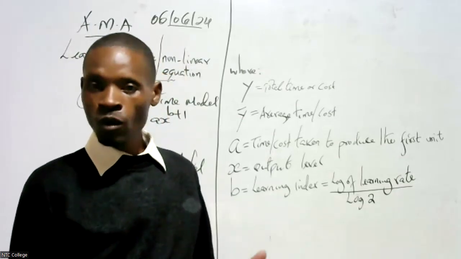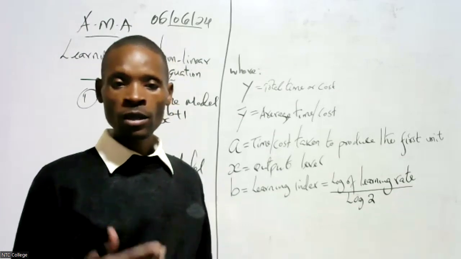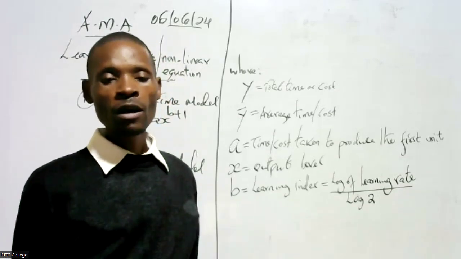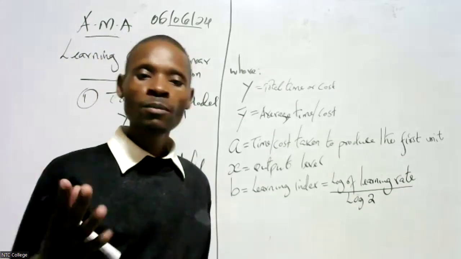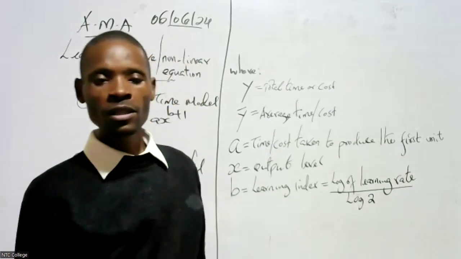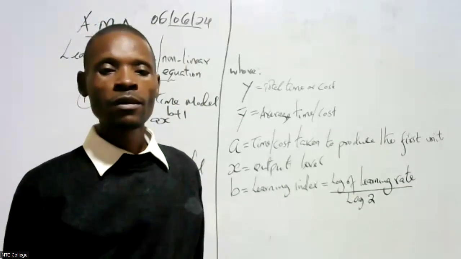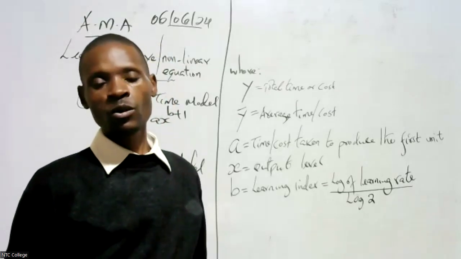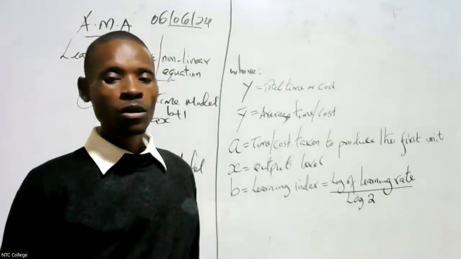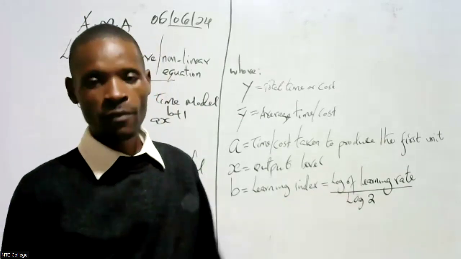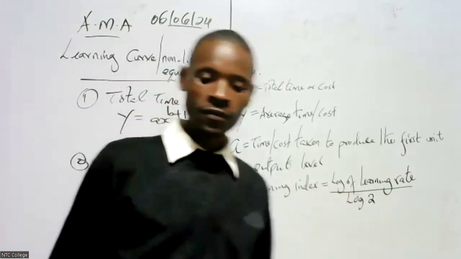So you can be told that in a given firm, the learning rate is 80%, or 75%, or 90%, or 60%. So you need to understand that learning rate varies. We together?